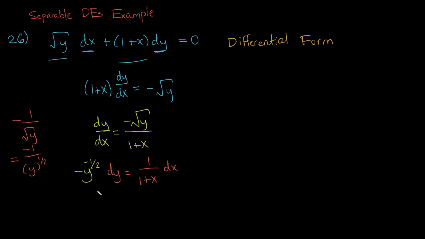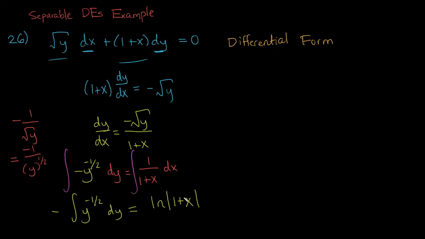Now with this, we can just go ahead and take our integrals. So we have the integral of the left side equals the integral of the right side. And for this integral, we can factor out the negative sign. So we get negative the integral of y to the negative 1/2 dy equals the integral of 1 divided by 1 plus x, which is going to be the natural log of the absolute value of 1 plus x.